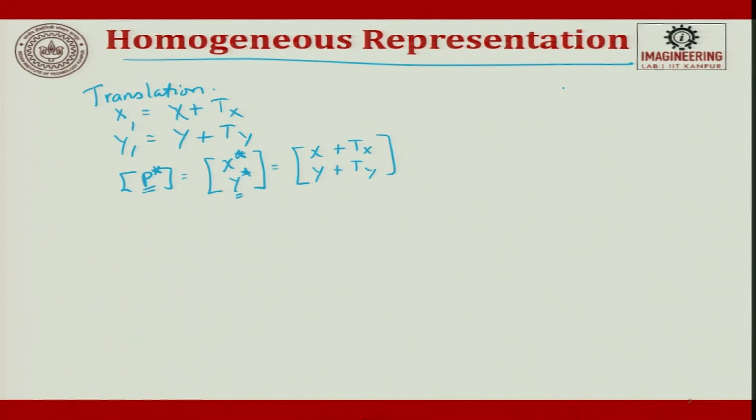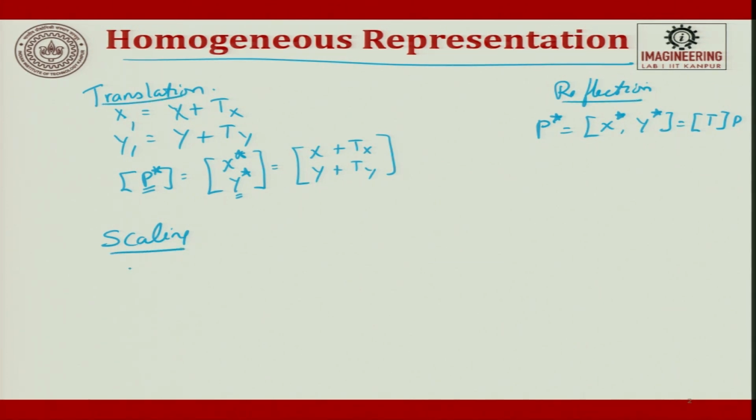When we try to do reflection, P star, which is x star comma y star, can be written as the transformation matrix into P. When we talk about scaling, P star equals x star comma y star, which is nothing but s of x into x comma s of y into y.